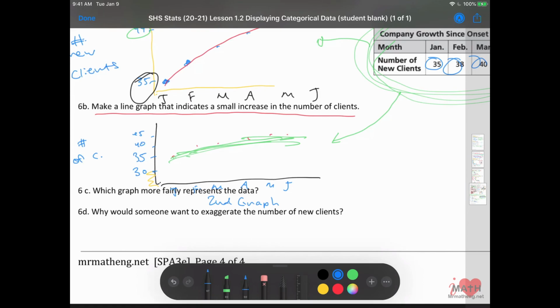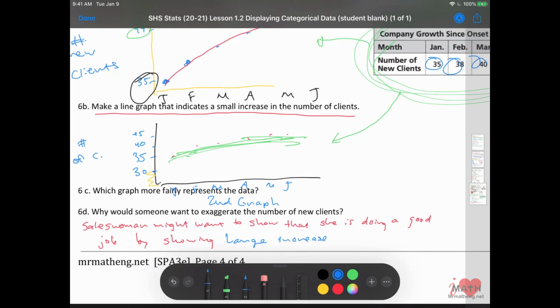Why would someone want to exaggerate the number of new clients? Maybe a salesman or woman, a salesperson, might want to show that she is doing a good job by showing a large increase in clients.